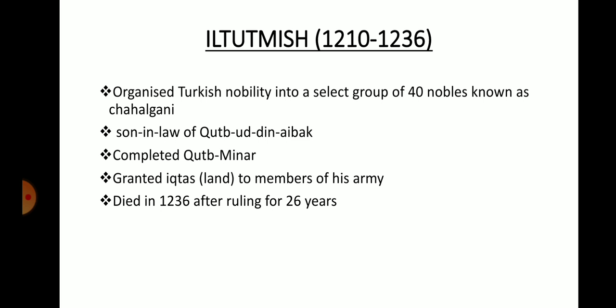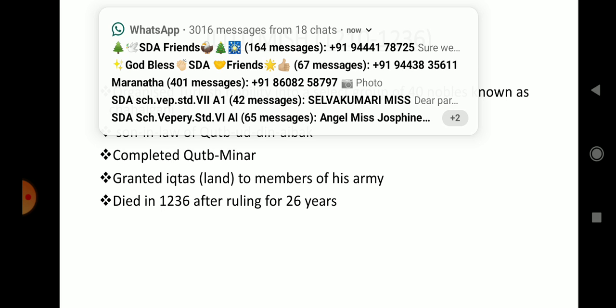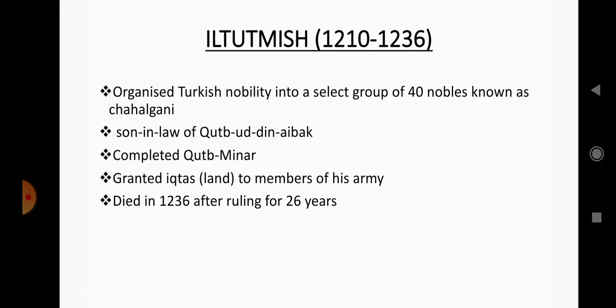During the period of Iltutmish, there was a constant threat from the Mongolians. In order to resist the Mongolian attack, he organized a group of 40 nobles from high families, which is known as Chahal Ghani.